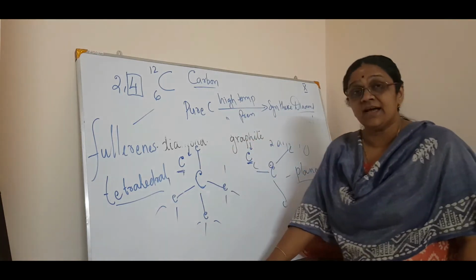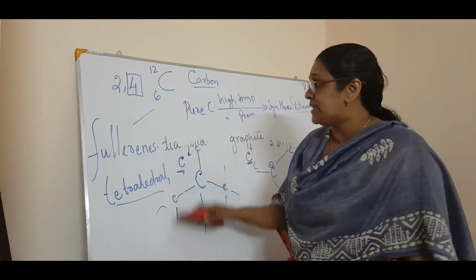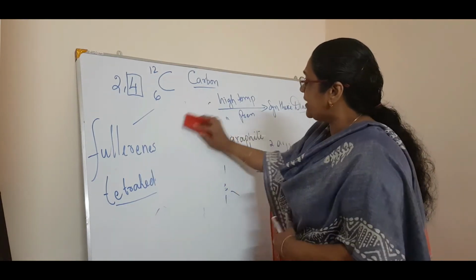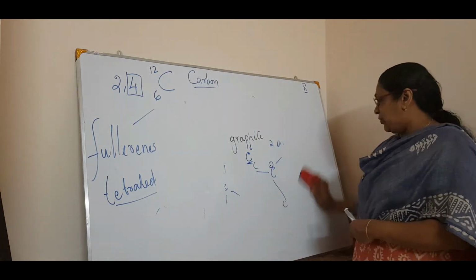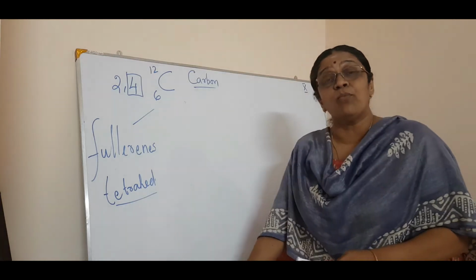Now we will see the third one, which is called fullerenes. What is it? Fullerenes are also an allotrope in which there are 60 or more carbon atoms.